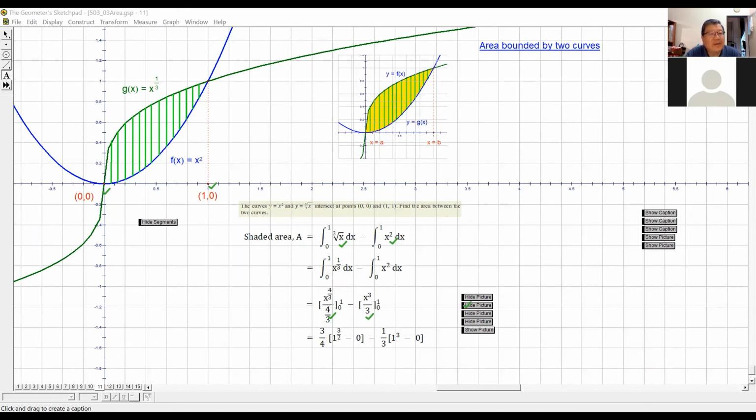Something is wrong, so I want to change the thing. You just hold on, I try to change. Okay, change to 4/3. Paste.